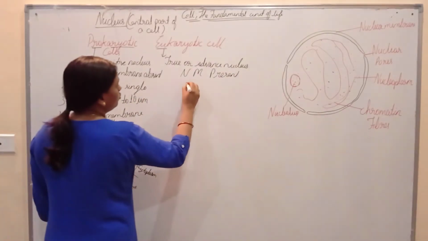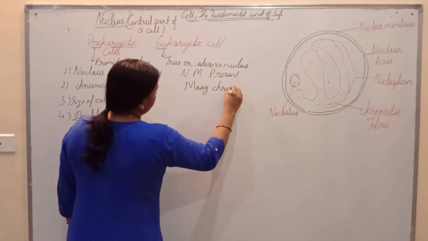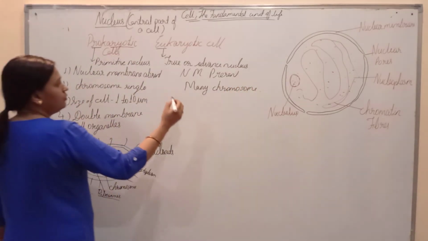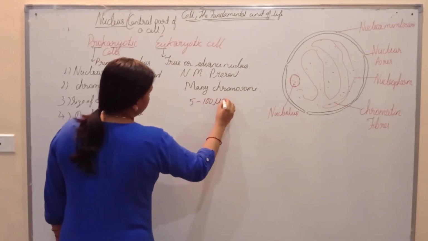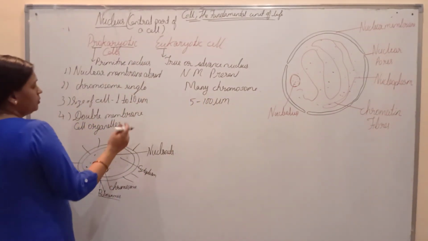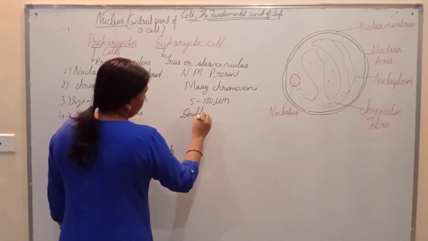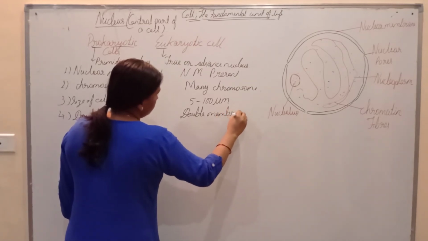While in an animal cell the nuclear membrane is present, many chromosomes are found, and the size of the cell ranges from 5 to 100 micrometers. Double membrane organelles are also found.